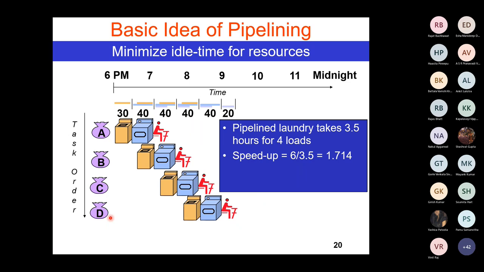So from this example, what do we learn? First of all, let me ask you a question. The first user finishes at 90 minutes here, right? And if we look at the finish time of the second user, what is the time difference between the consecutive finish times? 40 minutes.